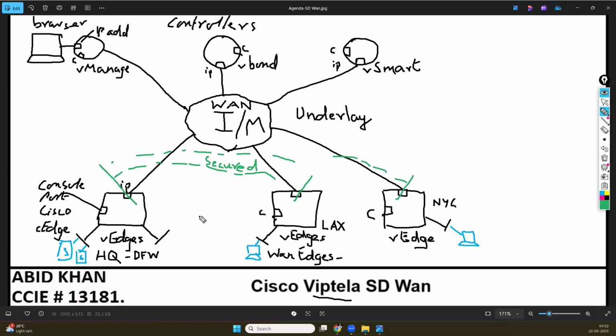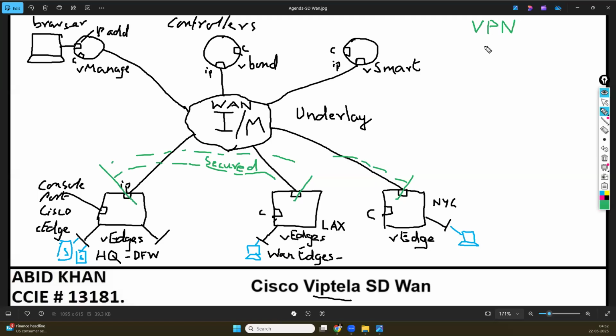Same way in Cisco Viptela SD-WAN also we have a concept called VPN. And this VPN concept is most important.